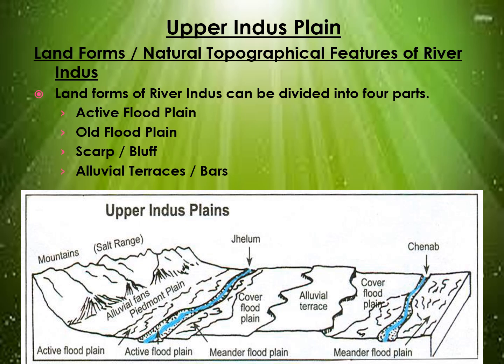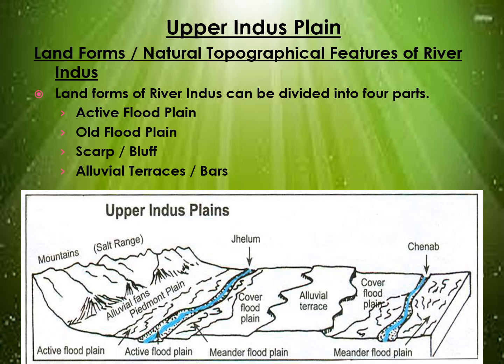First of all, we'll see what active floodplains are. It is a strip of flat land 2 to 3 meters high from the river level and about 15 kilometers wide. It is flooded every year at the start of the summer when the glaciers melt, or in the monsoon season, and fresh alluvium is deposited each year, making it ideal for agriculture.